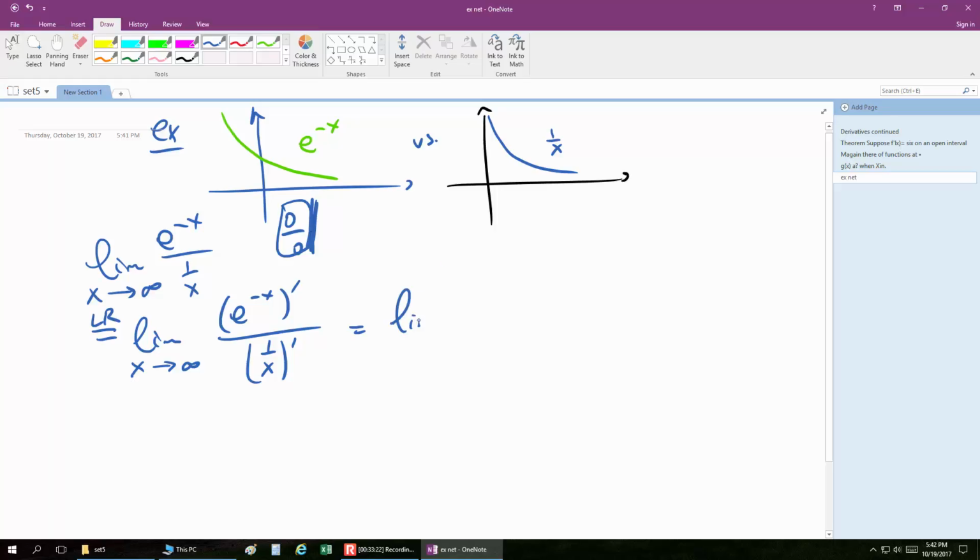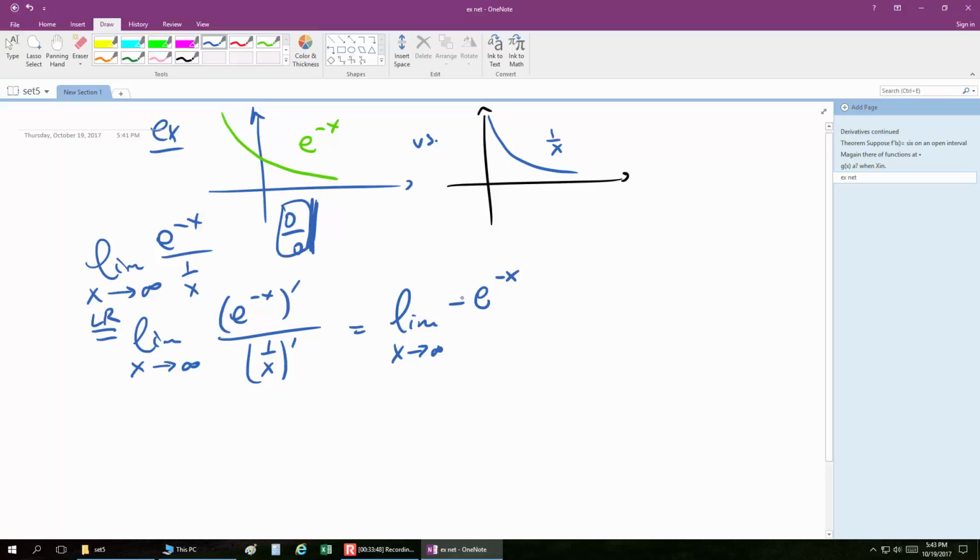So I'll have the limit, and okay, what's the derivative of e negative x? Not quite. e negative x with something. It's the chain rule.